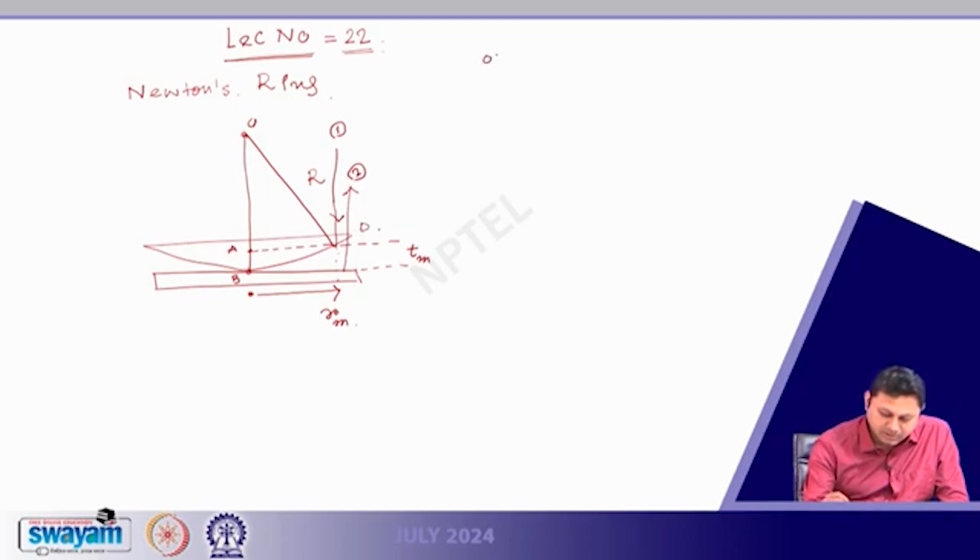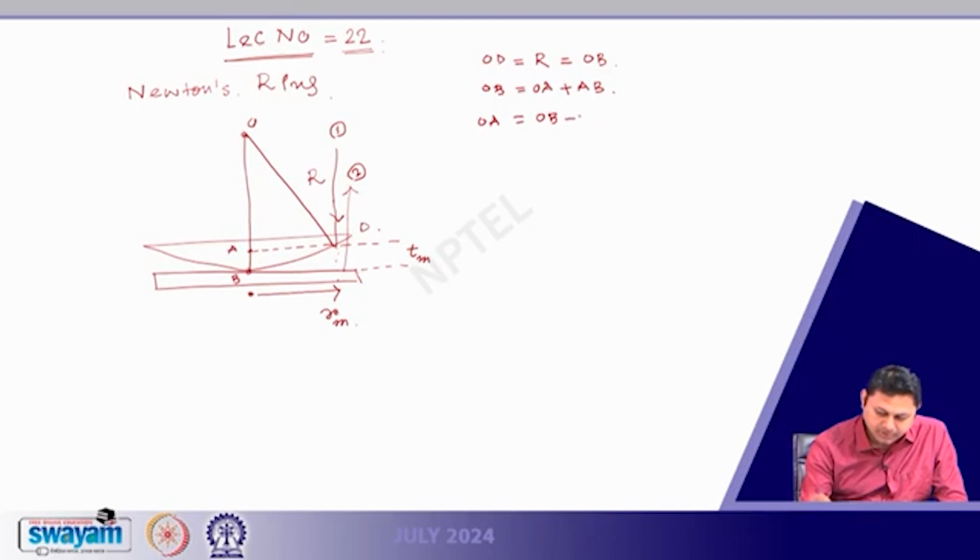So my OD is equal to R, that is equal to OB, but OB is equal to OA plus AB. My OA then is equal to OB minus AB.